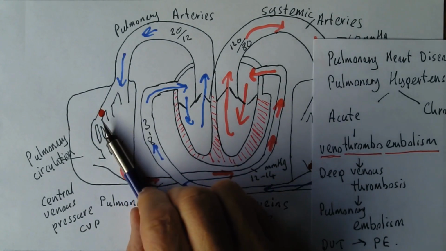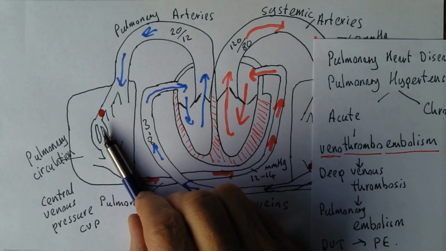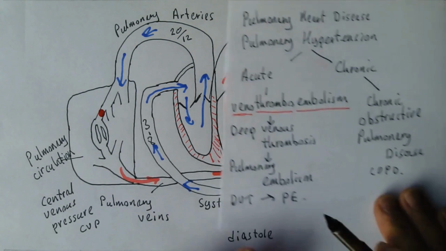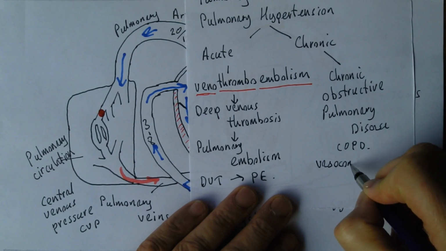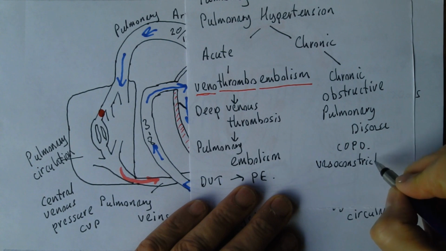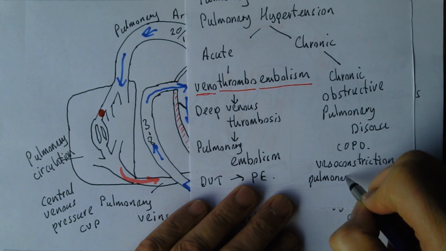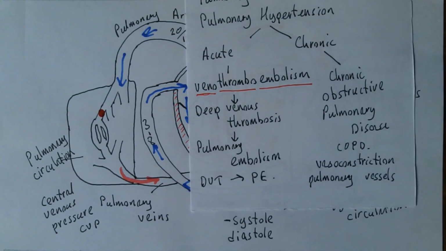So areas of the alveoli are going to be low in oxygen. And when that happens in the pulmonary vessels, the low levels of oxygen cause a reflex pulmonary arterial vasoconstriction. So this is going to cause pulmonary arterial vasoconstriction in the pulmonary vessels.